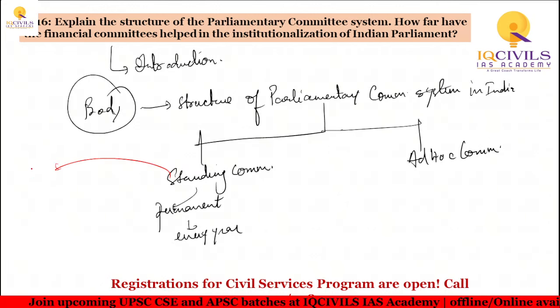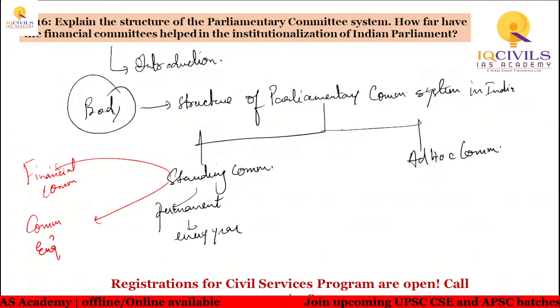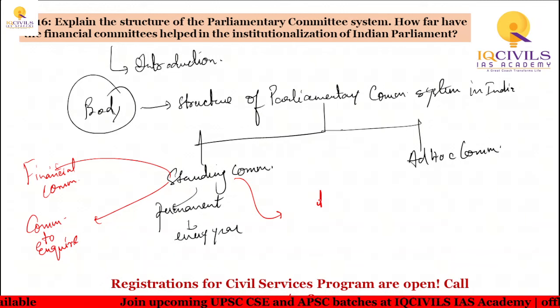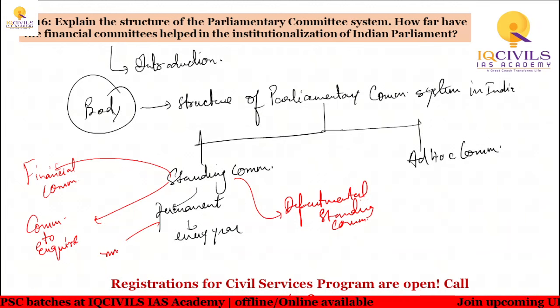So for example, financial committees are there. Then committees to enquire, inquiry committees. Clear? Then departmental standing committee. Okay. Then committees to scrutinize.